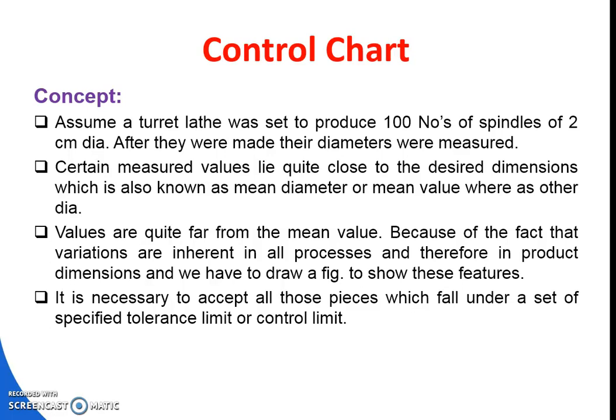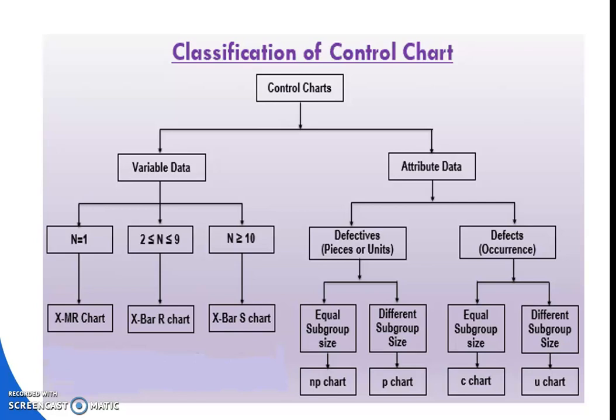That is, upper limit is 40.02, lower limit is 39.98. The diameters of spindles in between those are selected or acceptable. If it is below the tolerance limit or above the tolerance limit, then the products are rejectable. So by utilizing the different graphs, we can find out the different uses of control charts.